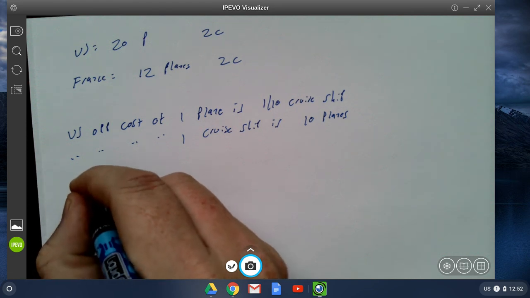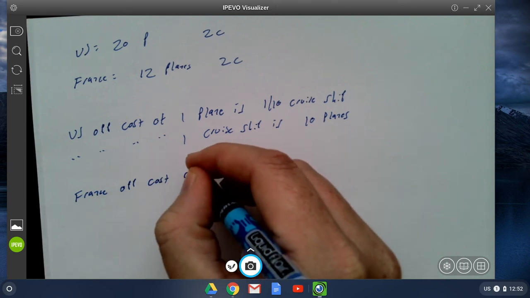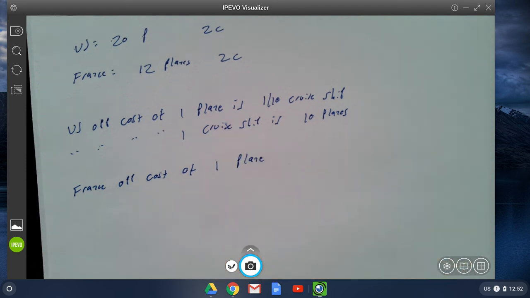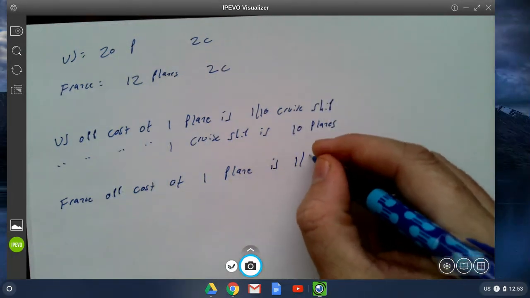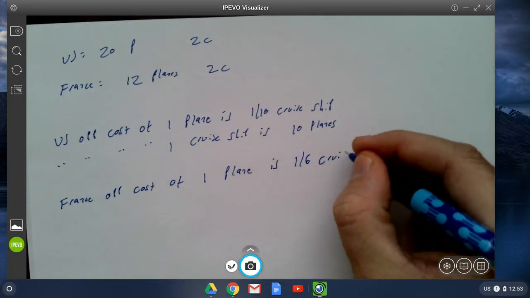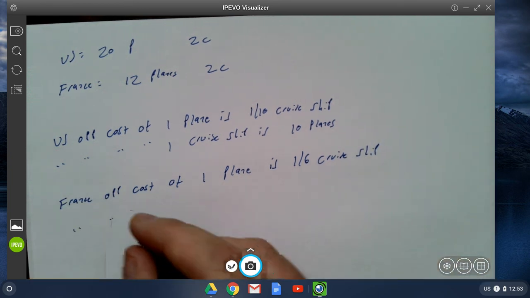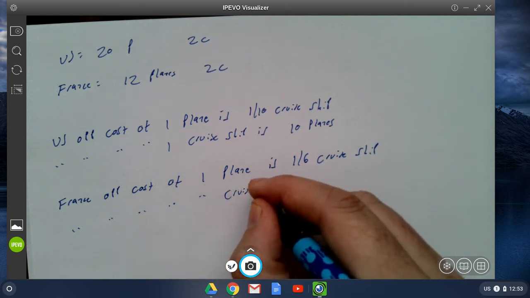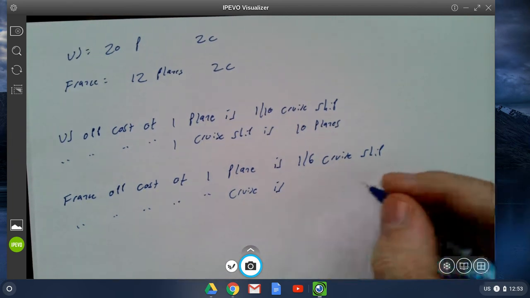France opportunity cost of one plane, so they can make 6 times as many planes, right? So France's opportunity cost of one plane is 1/6 of a cruise ship, while France's opportunity cost of one cruise ship is going to be, you guessed it, 6 planes.